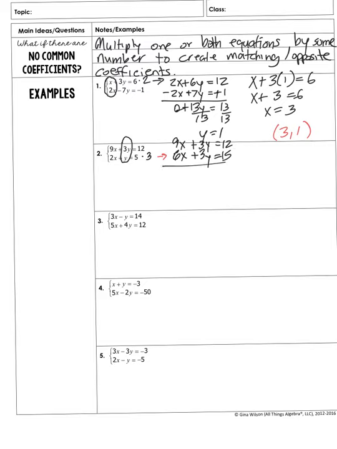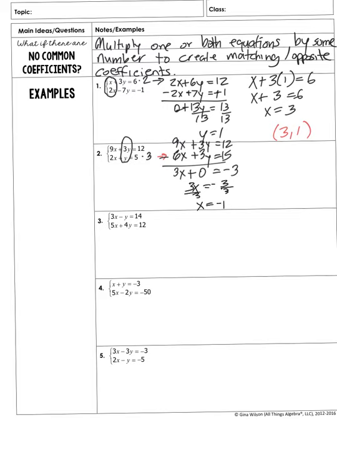And now I'm going to subtract. 9x minus 6x is 3x. 3y minus 3y is 0. And 12 minus 15 is negative 3. The 0 goes away, and I have 3x equals negative 3. Divide by 3 on both sides, and x equals negative 1.